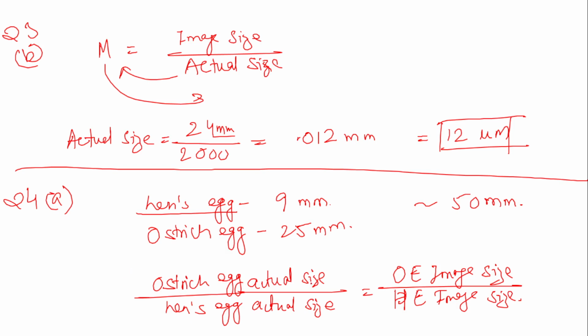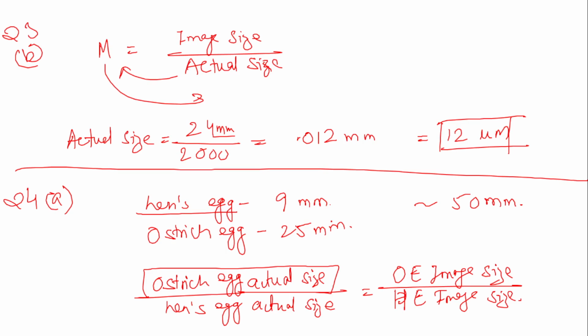So ostrich egg actual size is what we have to find out. And hen's egg actual size is 50 millimeters. Ostrich egg image size is 25 millimeters, and hen's egg image size is 9 millimeters. So we'll put all that in the ratio formula that we have just made.